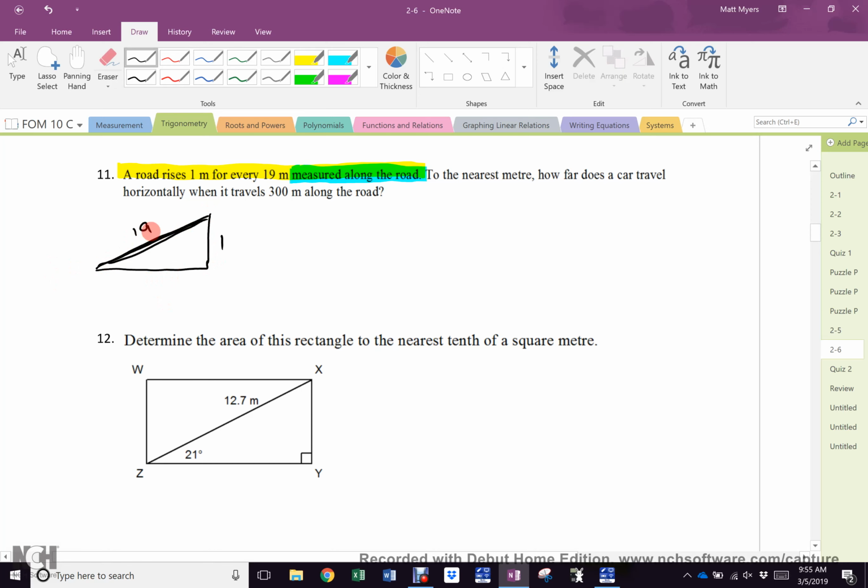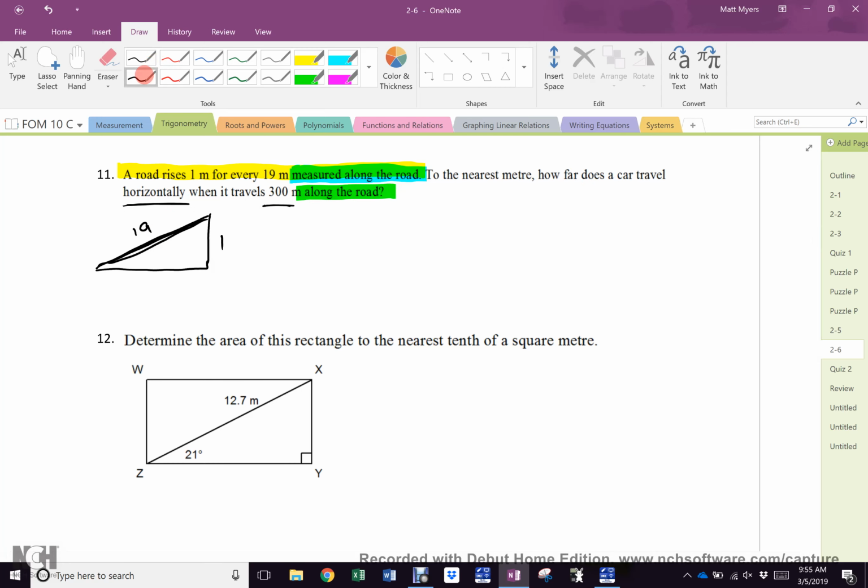So there is the 19. Again, it is not a mathematical thing. It's an I-know-how-to-read-and-make-sense-of-things thing. Now the next question says, how far does the car travel horizontally when it travels 300 meters along the road?